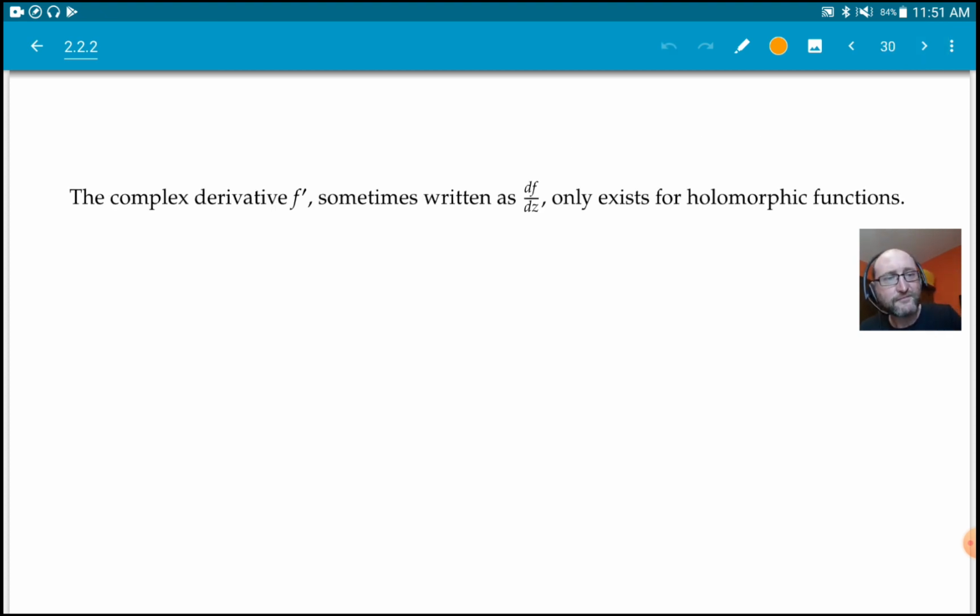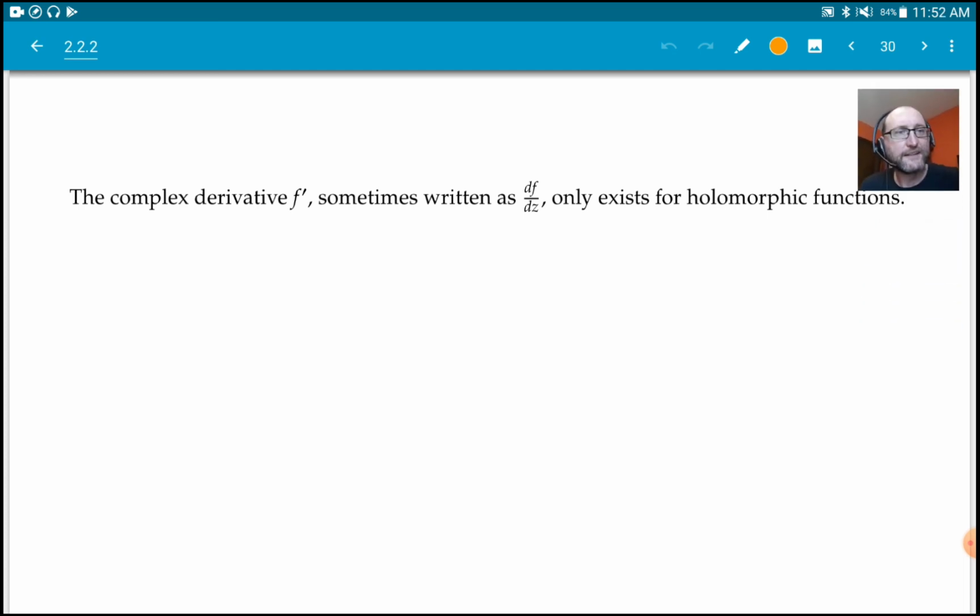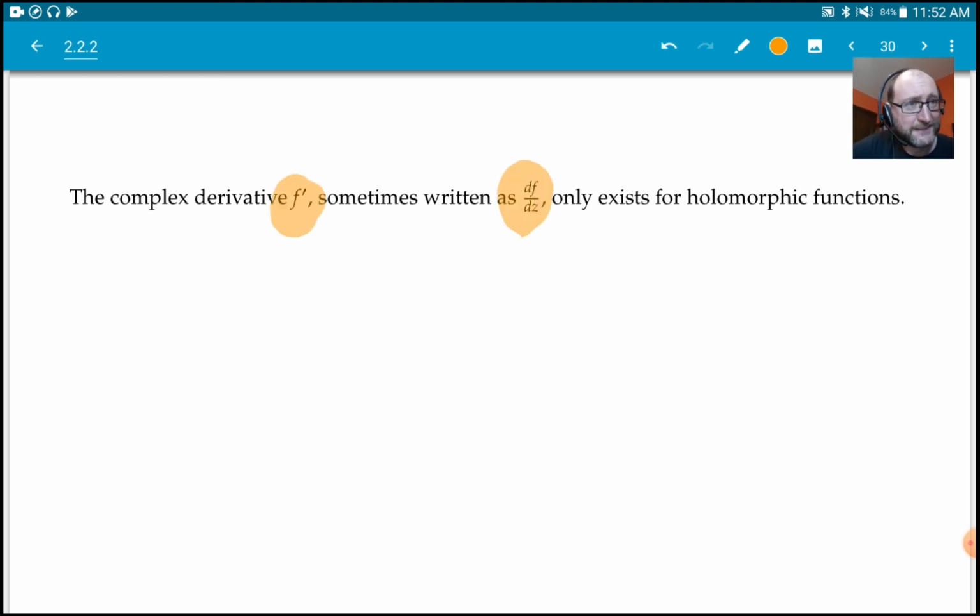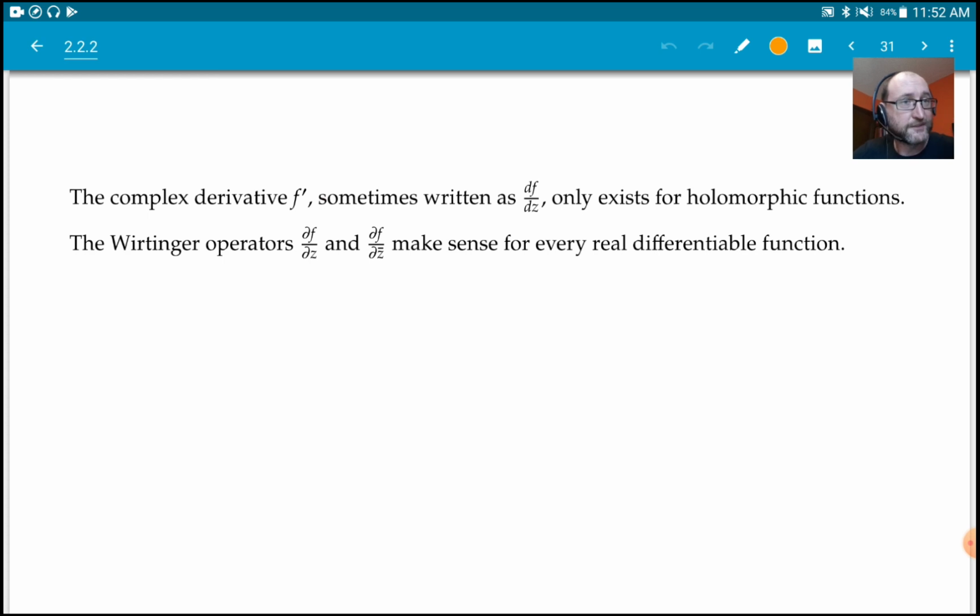Now, it gets even a little bit subtler if you write f prime as df dz with the regular d's, not the curly d's. Because this thing over here is supposed to be the regular complex derivative.